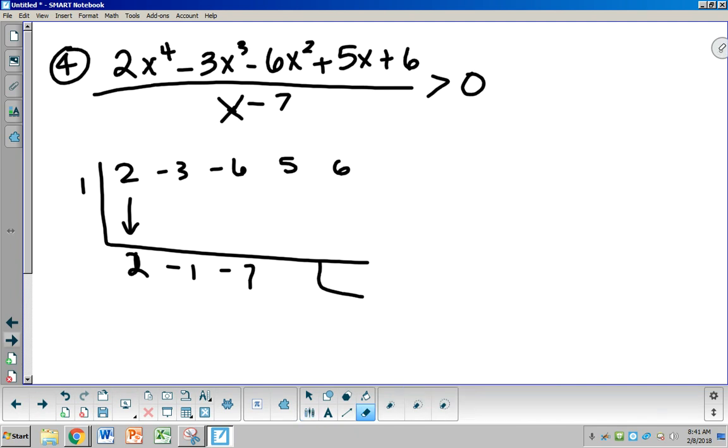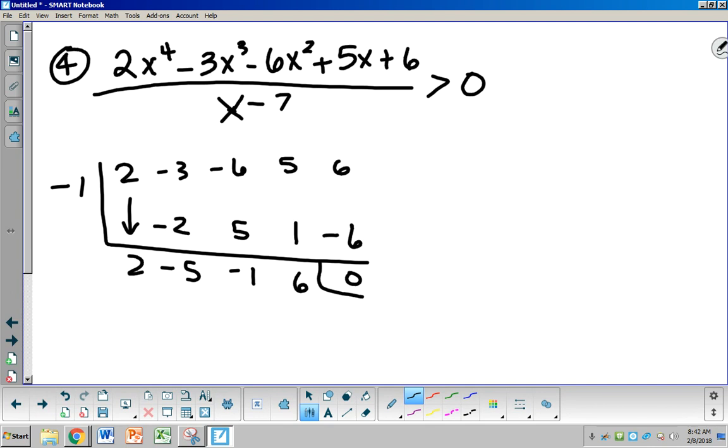No, right here. 2. -1 works. Who's for negative? Yay, okay.